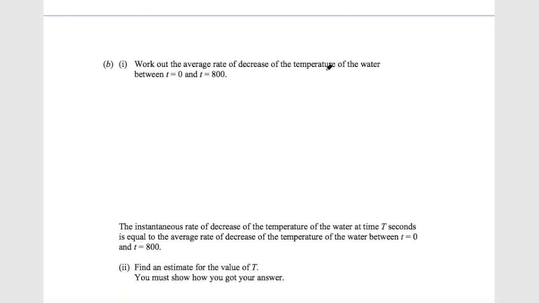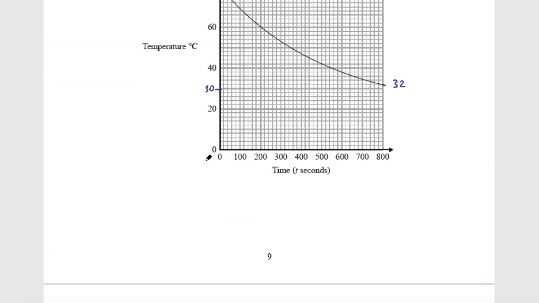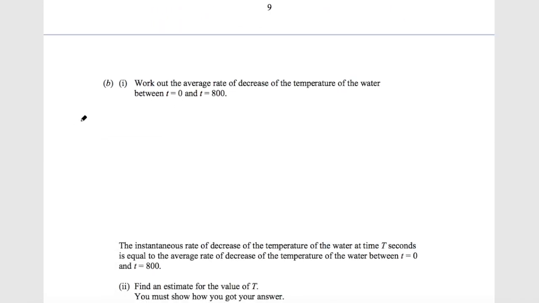And part B says work out the average rate of decrease of the temperature of water between T equals 0 and T equals 800 seconds. Okay. So to work out the average decrease, we need the total decrease in temperature divided by the time it took.